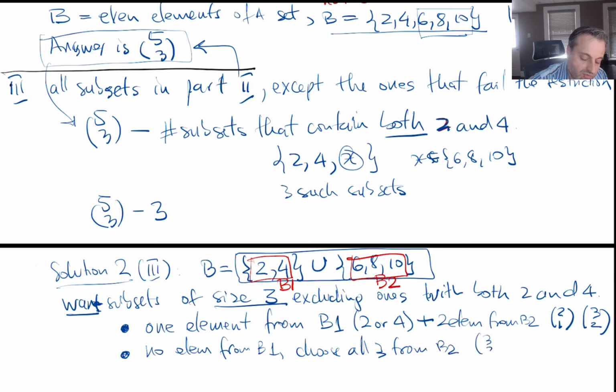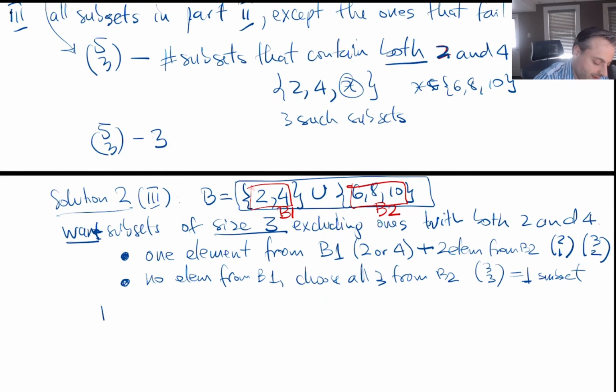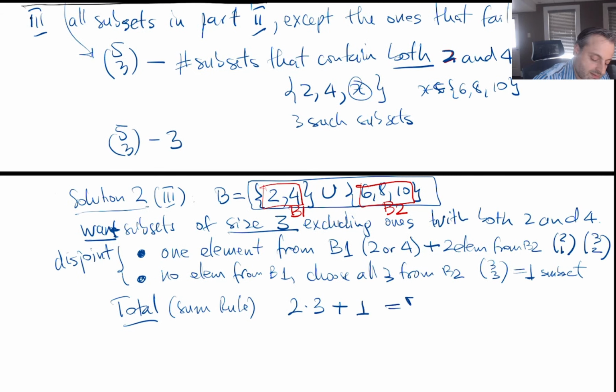That would be 3 choose 3, that's one subset. That has to be the whole B2. So the total, if I sum up, these are disjoint cases, so it's a sum rule. It's 2 times 3, that's the first case, plus 1 in the second case, that's 7.